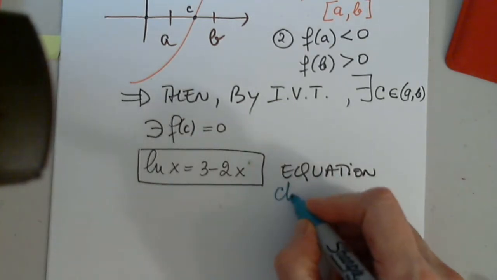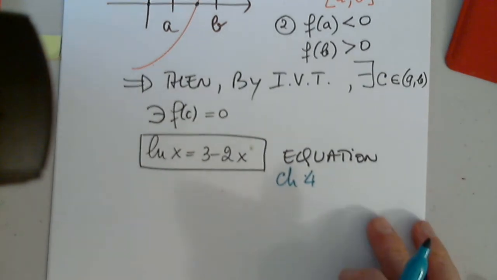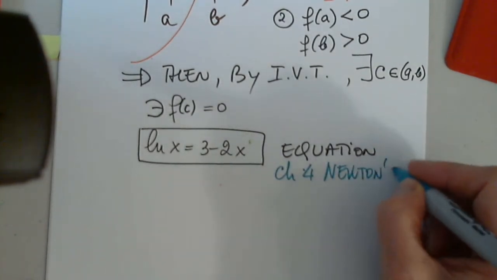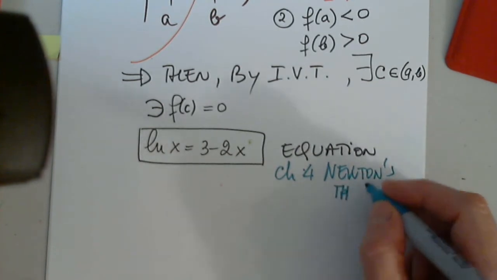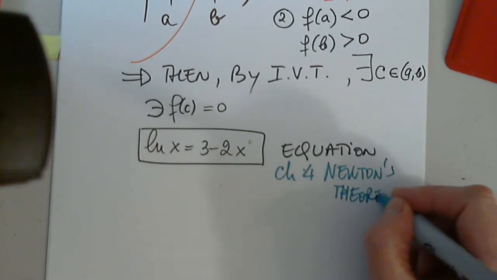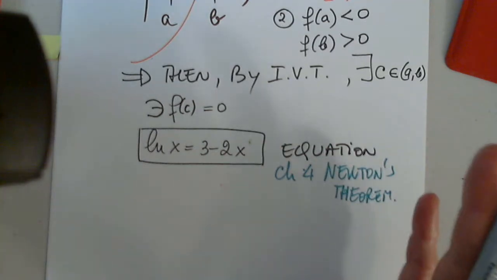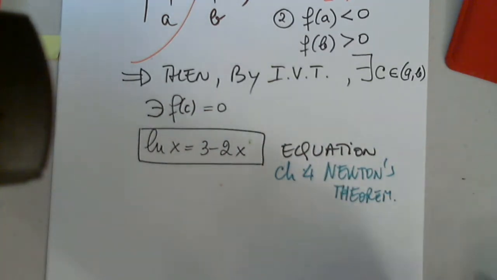Later on in chapter 4, we will talk about a very powerful theorem called Newton's theorem. And that will help us to solve this equation, as many solutions as it has, with any accuracy that we want. 8 digits, 7 digits, 10 digits.